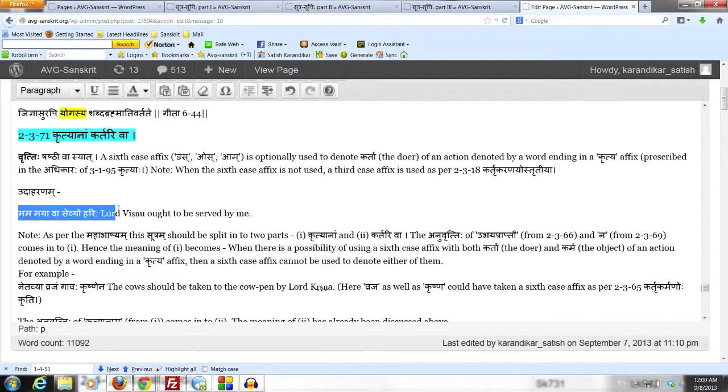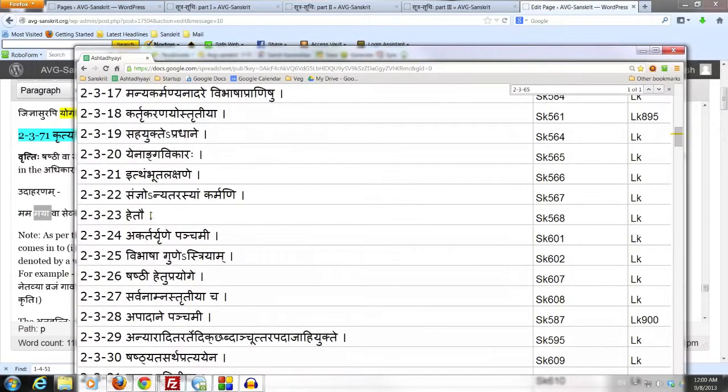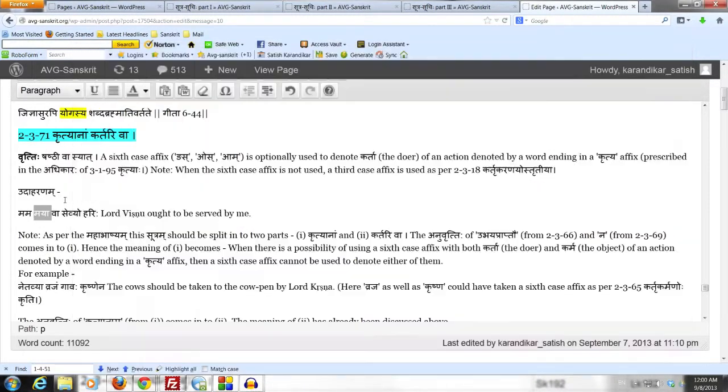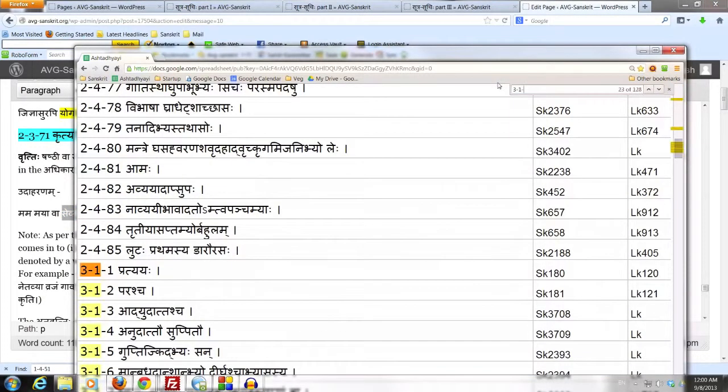The doer of the action is I, denoted by the pratipadikam asmad. Hence, asmad takes the sixth case affix optionally to give the form mama. When the sixth case affix is not used, then the third case affix is used as per 2.3.18 Kartri Karanayos Tritiya to give the form maya. 2.3.71 applies here because sevya ends in the affix Nyat, prescribed by 3.1.124 Ru Halor Nyat, which we have studied.